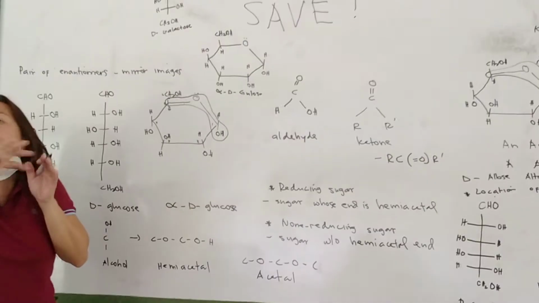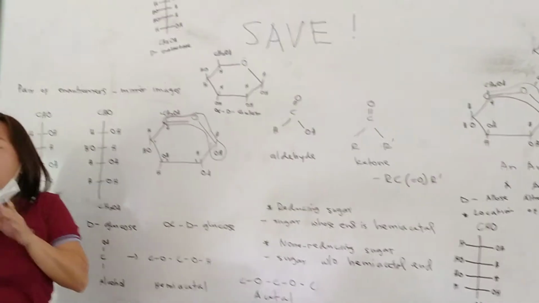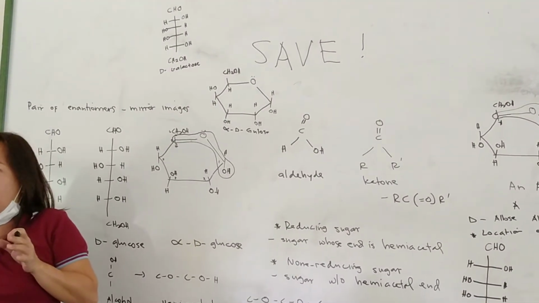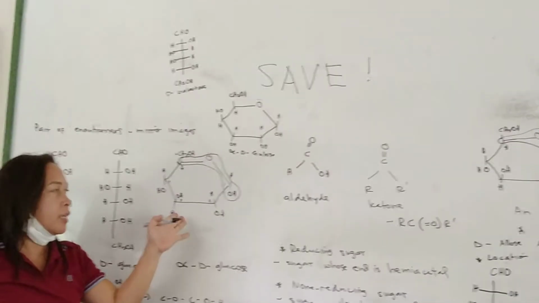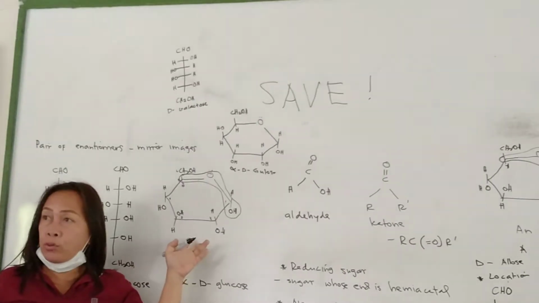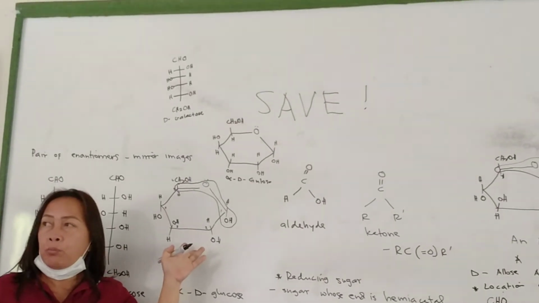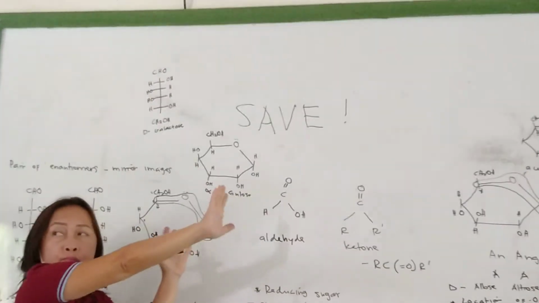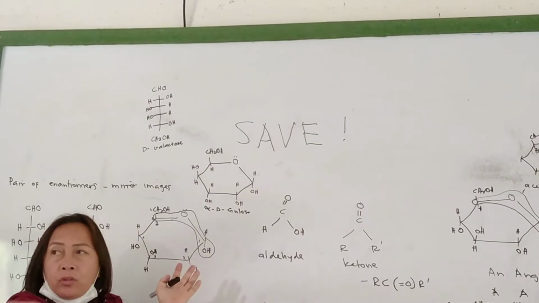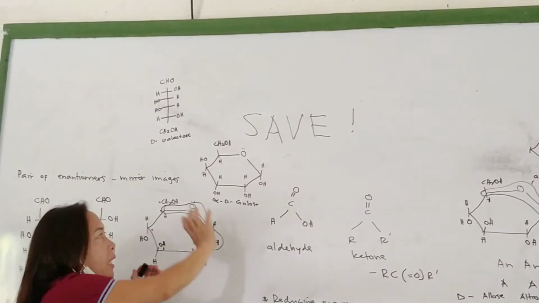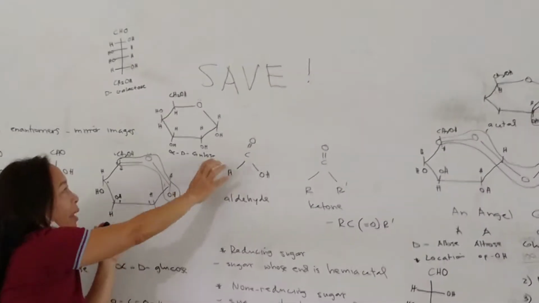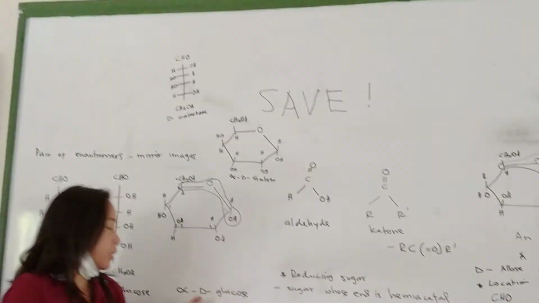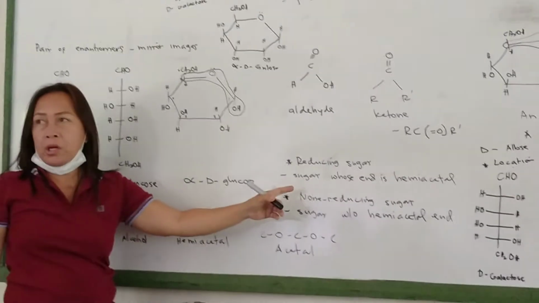And it's said to be free. Meaning that hemiacetal group can react with any oxidizing agent. So for sure, this sugar is a reducing sugar, because it has a free hemiacetal group. Free, meaning it's not bound. So this is considered as reducing sugar.